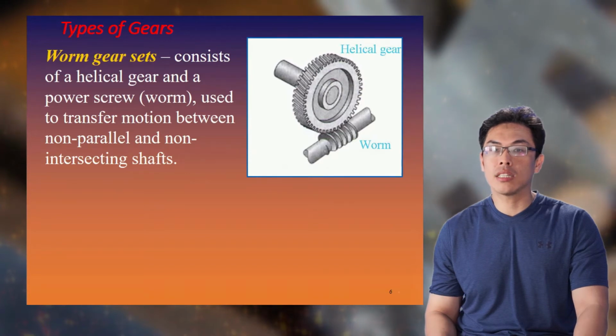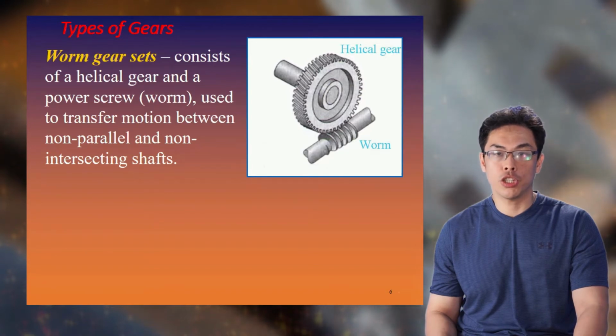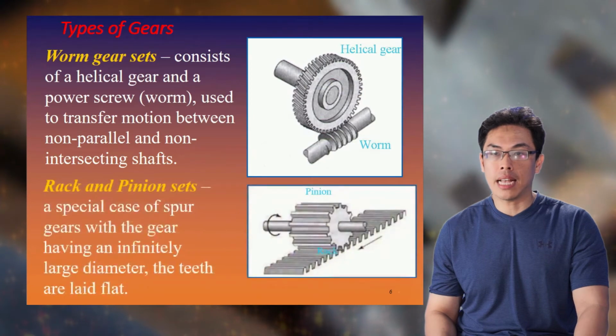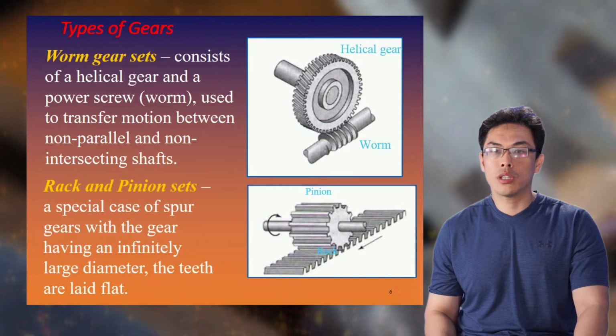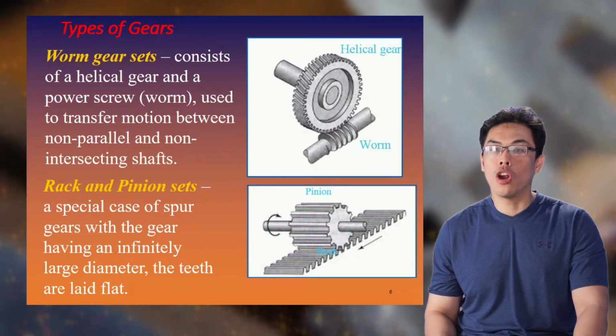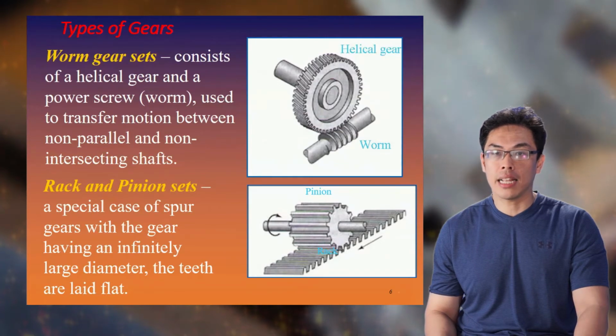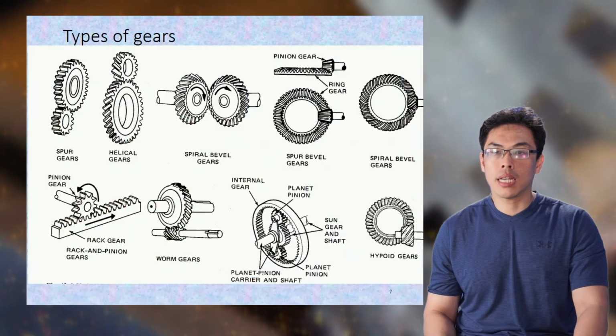Worm gear sets are usually produced in pairs due to their precision. Rack and pinion set: a special case of spur gears with the gear having an infinitely large diameter. The teeth are laid flat. The types of gears are summarized.